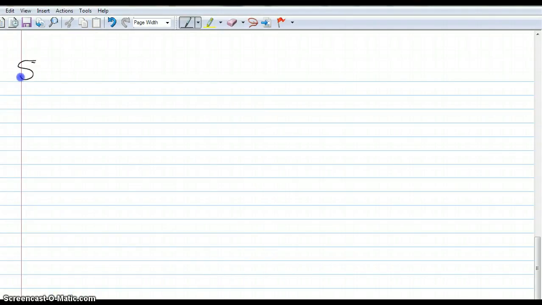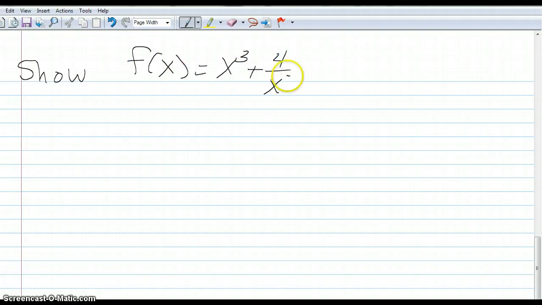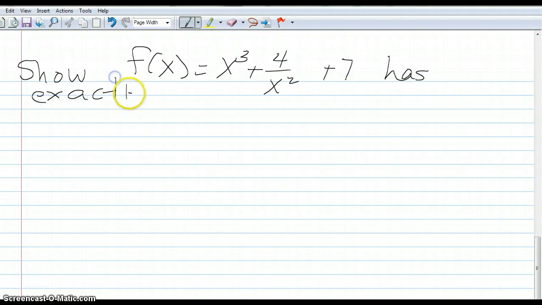So we want to show that f of x equals x cubed plus 4 over x squared plus 7 has exactly 1 zero.